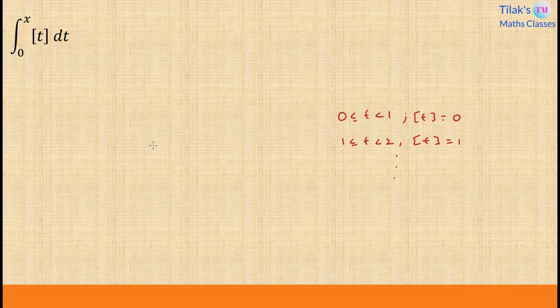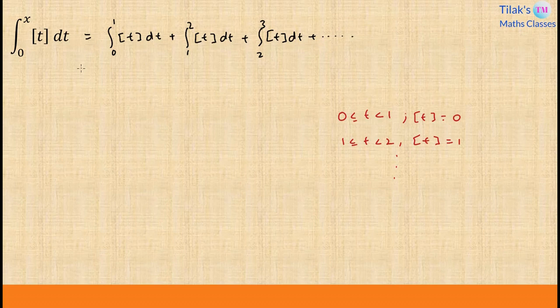We will evaluate this integral by first splitting it into several integrals. The value of this integral equals integral 0 to 1 greatest integer of t dt plus integral 1 to 2 greatest integer of t dt plus integral 2 to 3 greatest integer of t dt plus and so on.